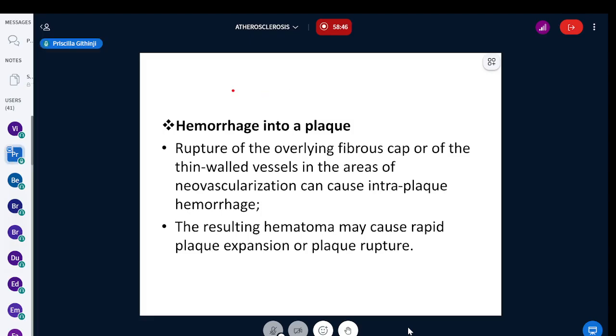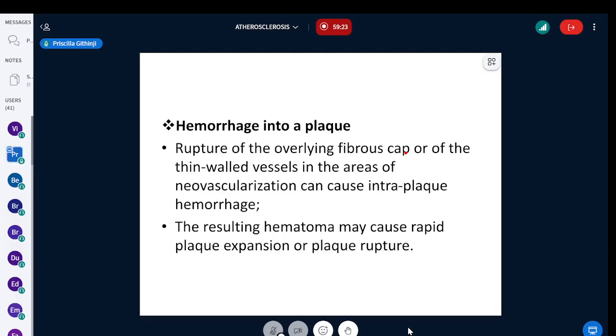The other plaque change that can occur is hemorrhage into a plaque. So where you have rupture of the overlying fibrous cap, then the blood that is within the lumen will now enter inside the plaque.